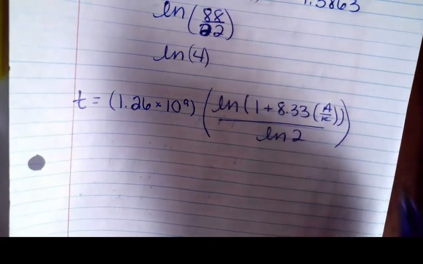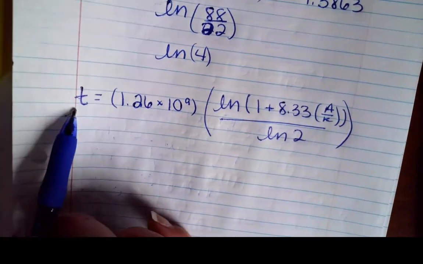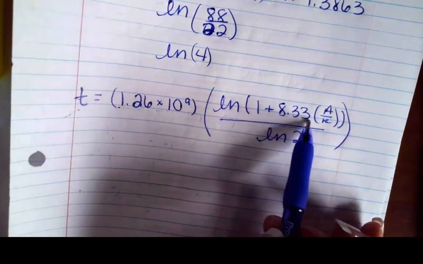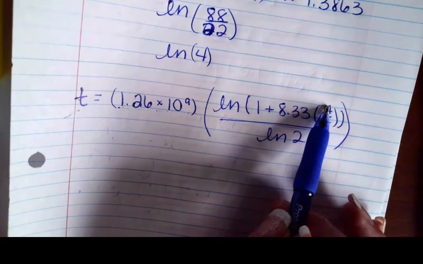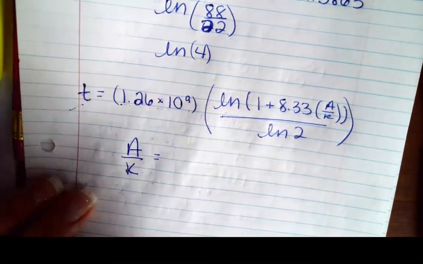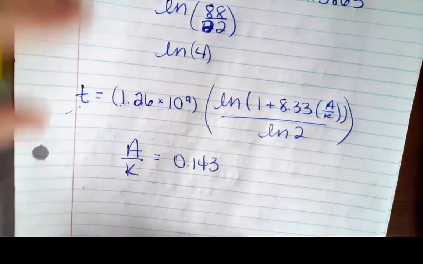Okay. So it says I want to know what the sample's age is. So I'm solving for T. So notice there's no variables here. A over K is the only thing I'm missing, and it's telling me that A over K is 0.143.